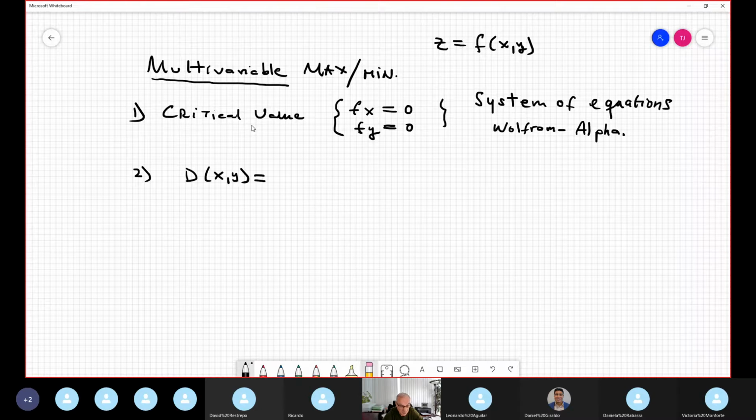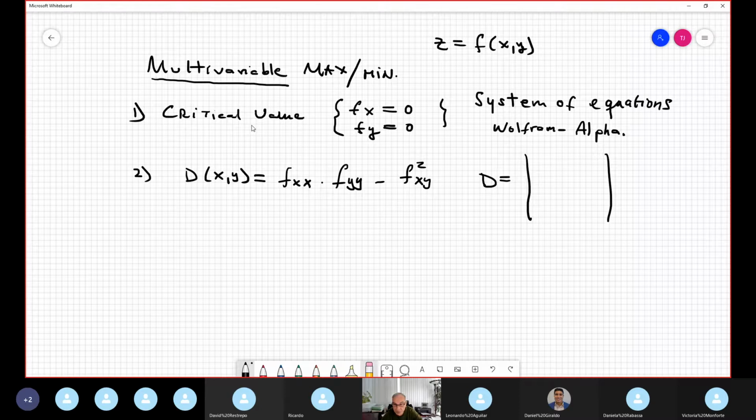D of x comma y is the second derivative with respect to x twice, multiplied by the second derivative with respect to y twice, minus the mixed second derivative with respect to x and y, squared. The order is not important. The mnemonic to remember D is using the determinant, for example, of fxx, fyx, fxy, and fyy.